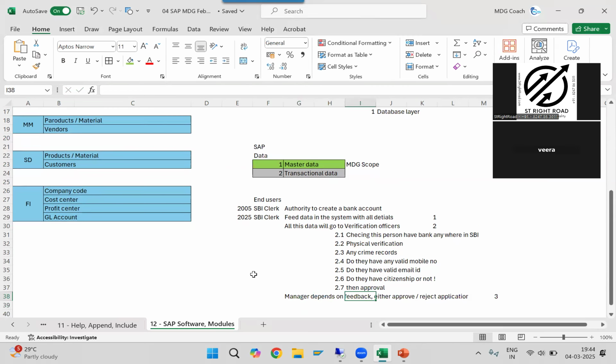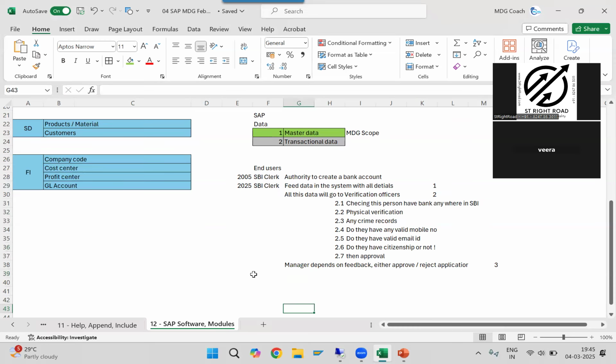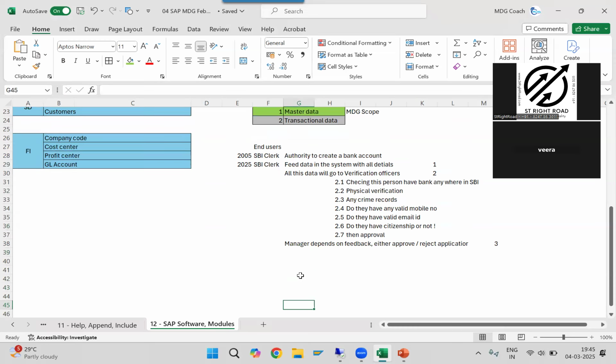To do all this process, they may take a week of time. This is the process that happens nowadays. So for this purpose, all master data they moved to a separate section. Where can we create master data?